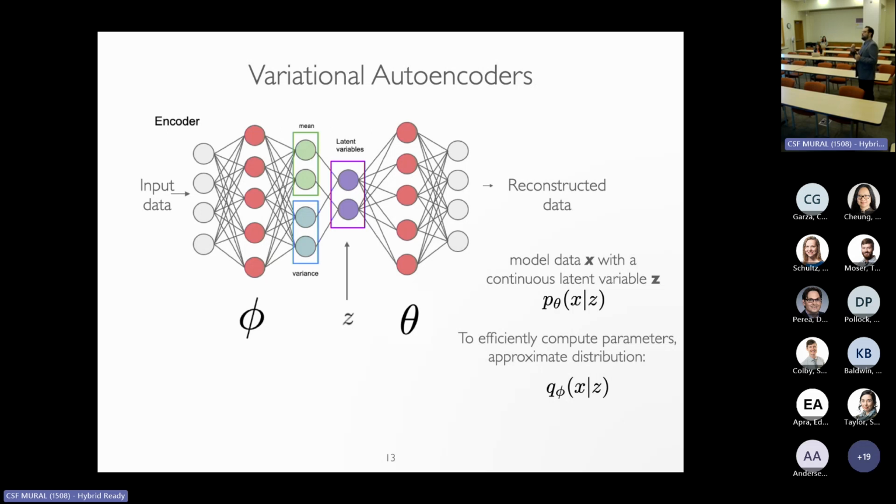So the way to do it is that you decode this lower dimensional data, and then you test if you can reconstruct the initial data. If you do it successfully, it means that your latent variables are good lower dimensionality representations of your initial data, right?